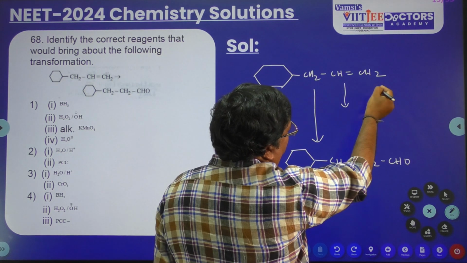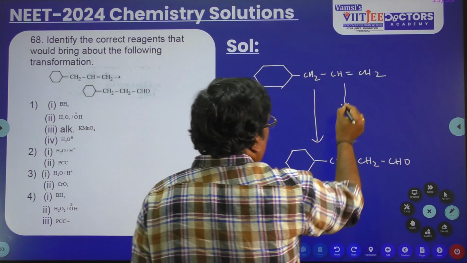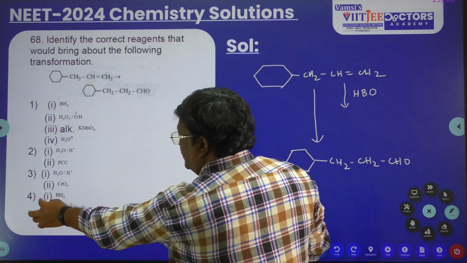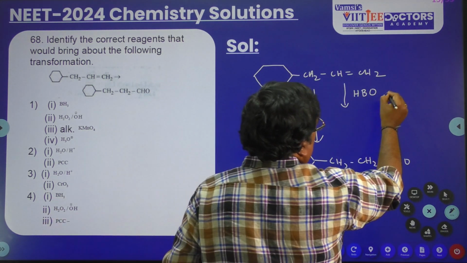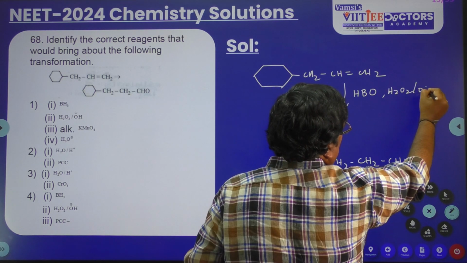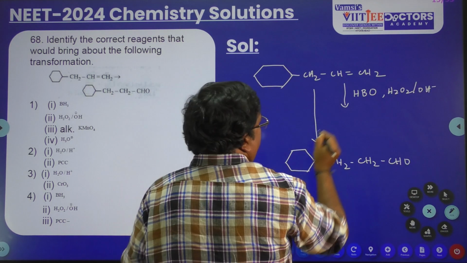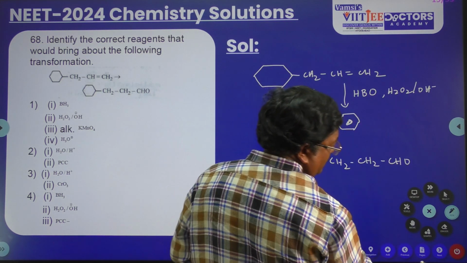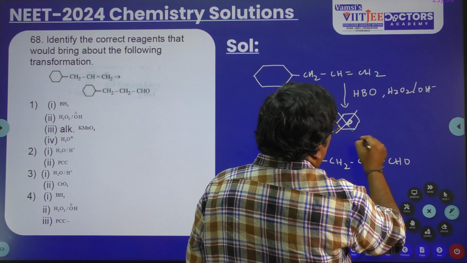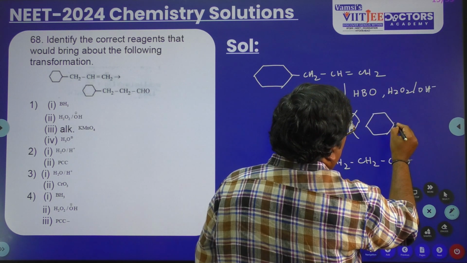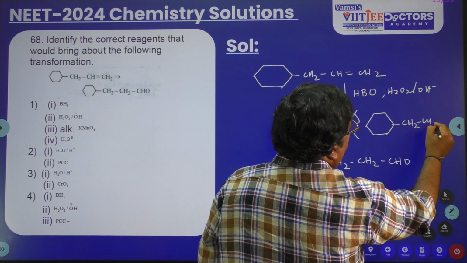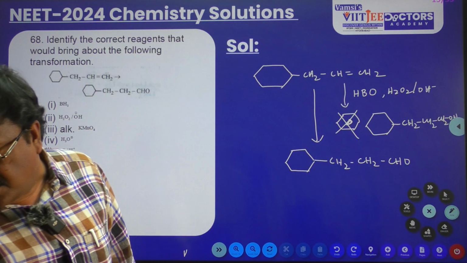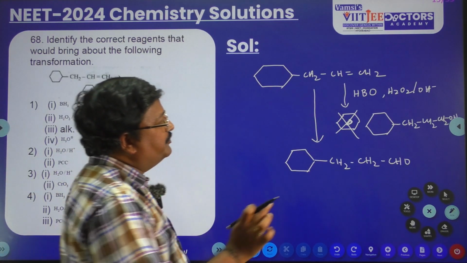Here, anti-Markovnikov rule or hydroboration oxidation. Hydroboration oxidation means here, the fourth option, followed by H2O2, OH minus. Next, here what we can get is the respective alcohol, CH2, CH2, CH2OH. It is the alcohol to be found.